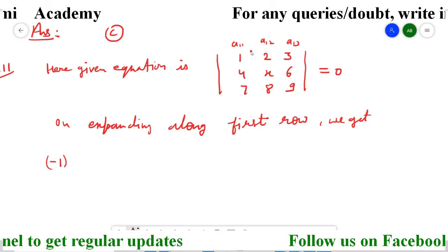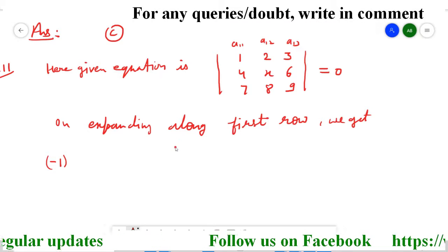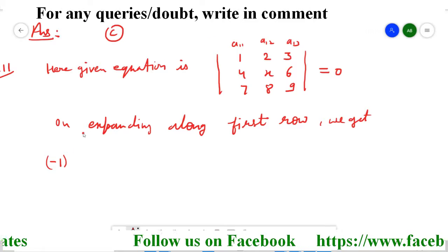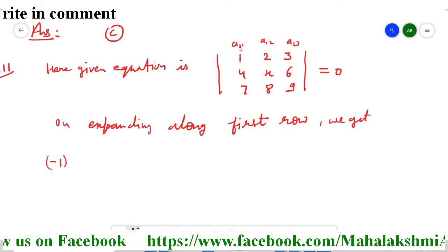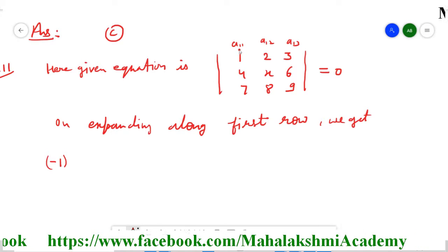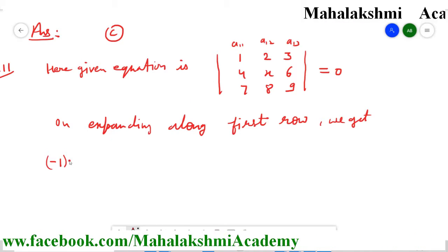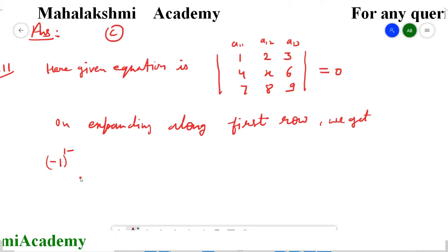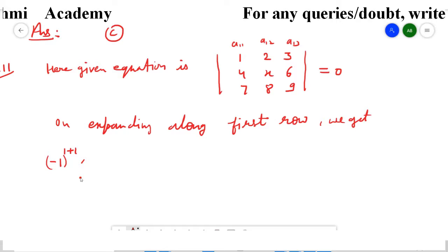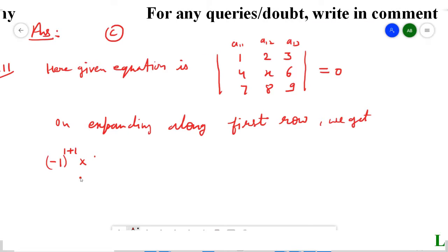The method says that first you write down the -1, and then the element's position. You have here 1 1, so this is first row and first column. So here the power is going to be 1 plus 1, then multiplied by the element, that is 1.